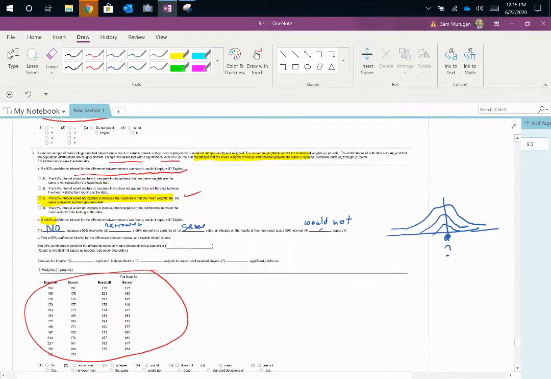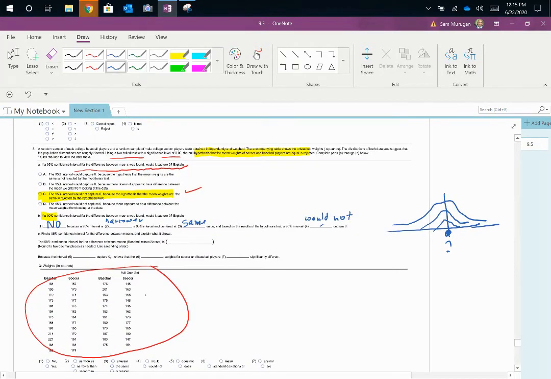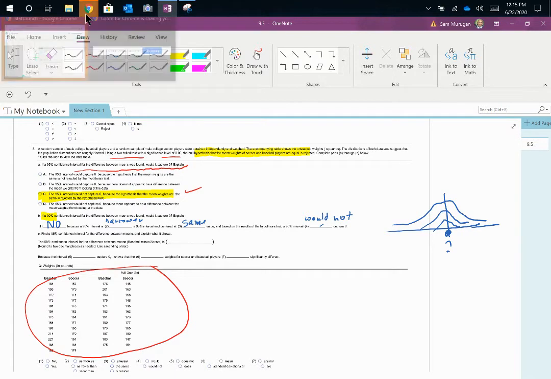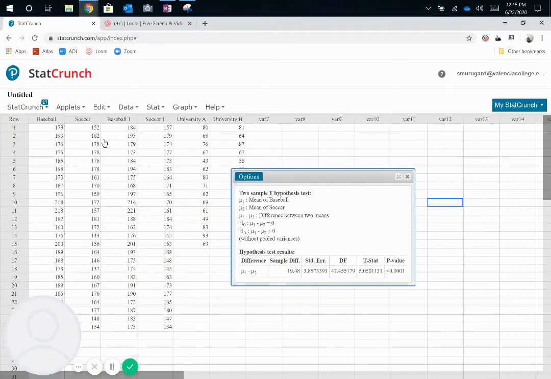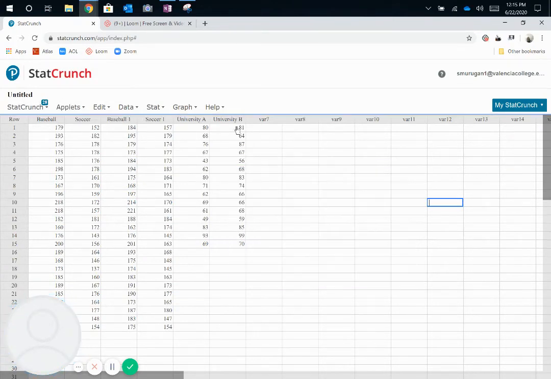So now we're going to find a 95% confidence interval for this data, and we're going to use StatCrunch for this again. So let's go to StatCrunch here. I have the data saved in baseball 1 and soccer 1, so I'm going to go through the process again with you.